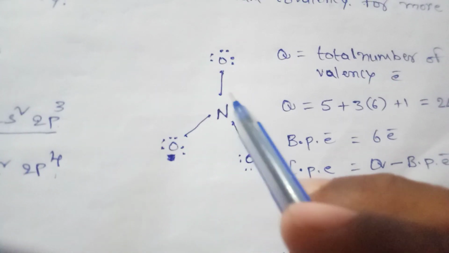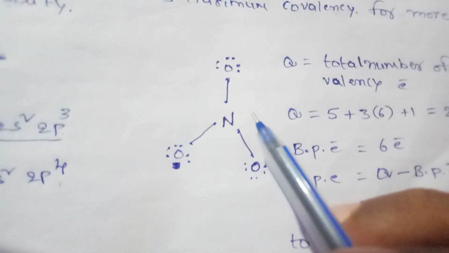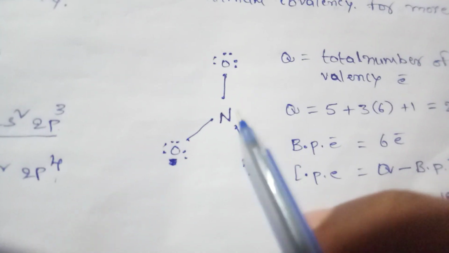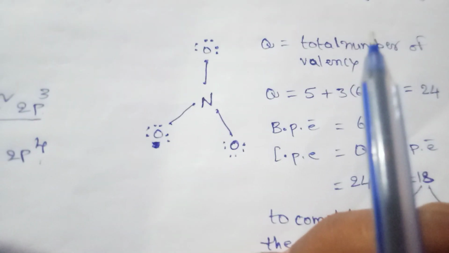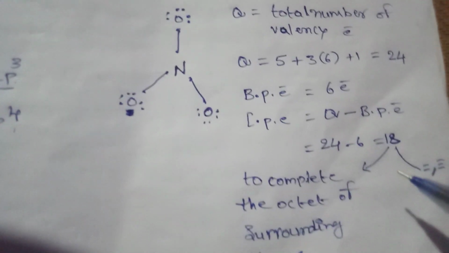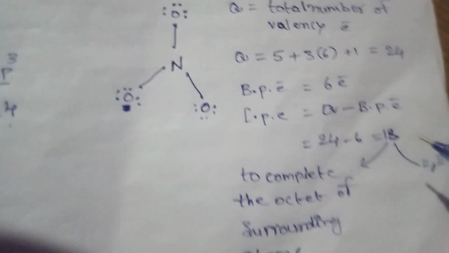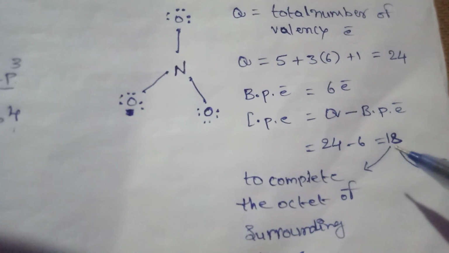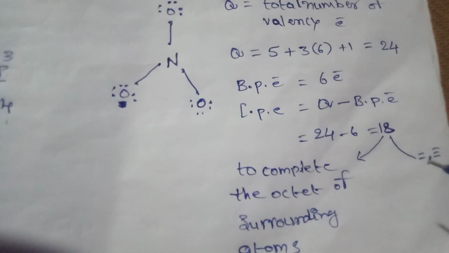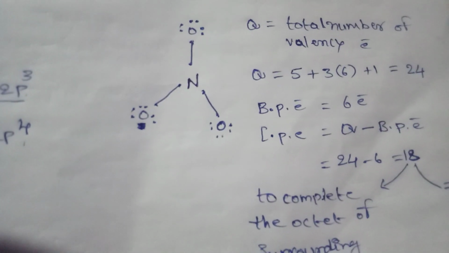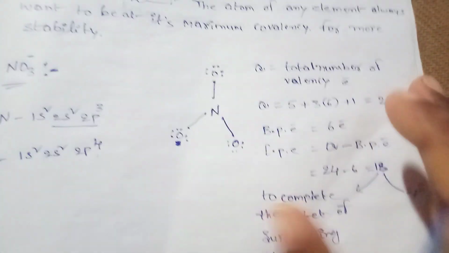Here the octet of the nitrogen atom is not completed. So what do we have to do here? Simple, as I already told you, if electrons are deficient, the lone pair electrons can be used to form a double bond or a triple bond. I will show you the diagram on the next page.